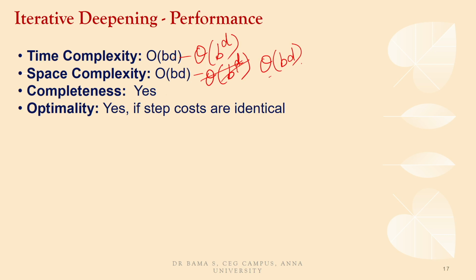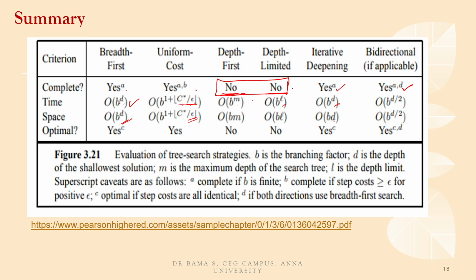So, it is actually order of b multiplied by d. So, the iterative deepening is order of b multiplied by d, which is very similar to that of depth first search if m is equal to d, and in bidirectional it would be b power d by 2. Again we will see about that in the next session. And optimal, wherever there is depth first search, it is not optimal, the other cases are optimal.